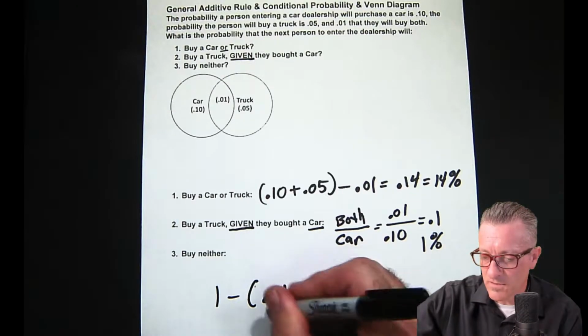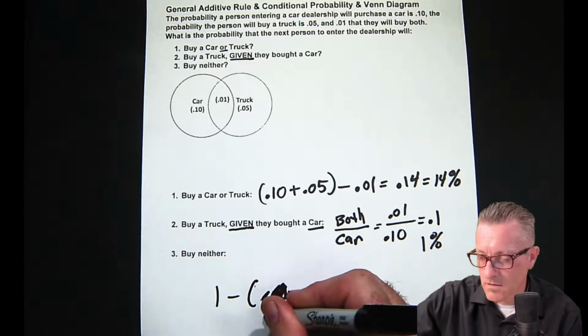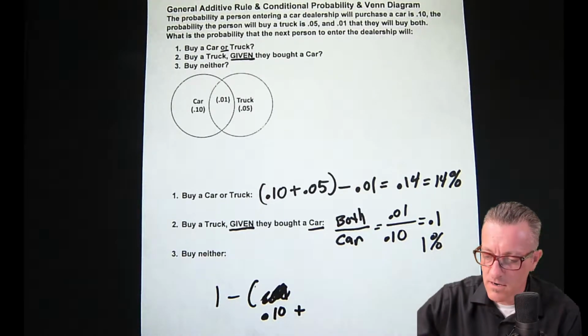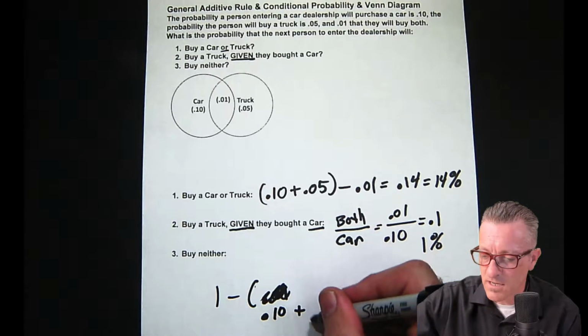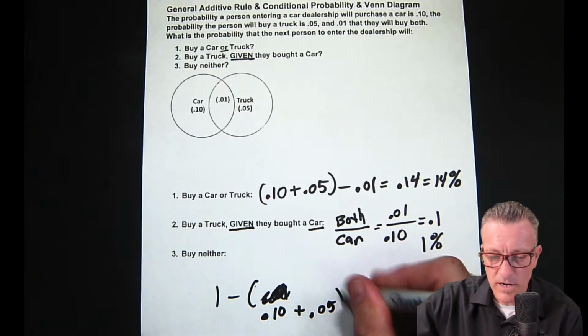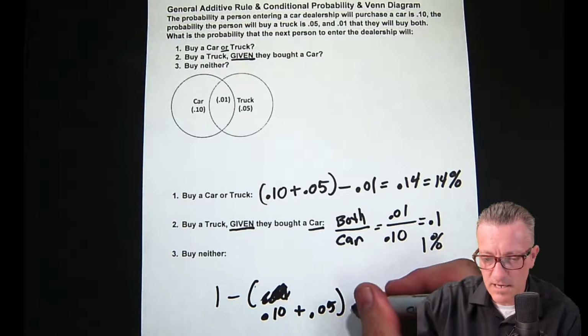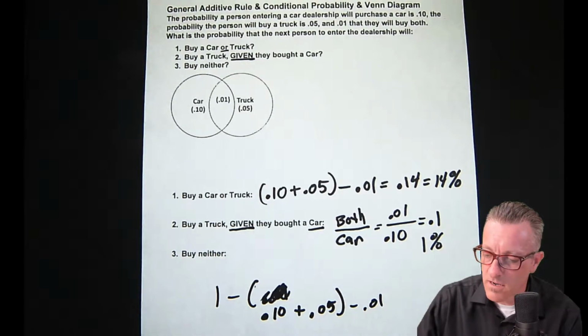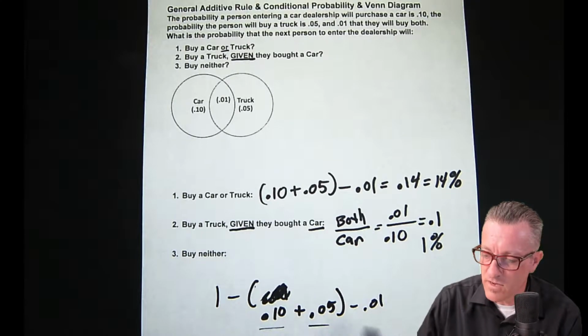We're putting in the car, and then we're putting in the truck, and then we're subtracting the middle. So we have car, truck, subtract the middle, and then we subtract it from 1.